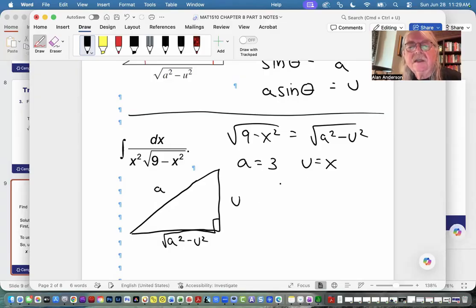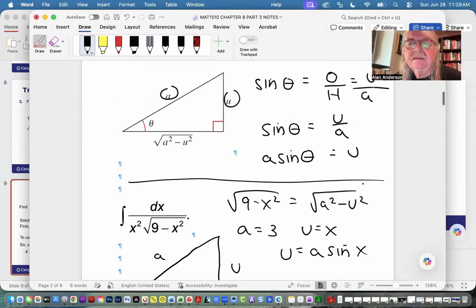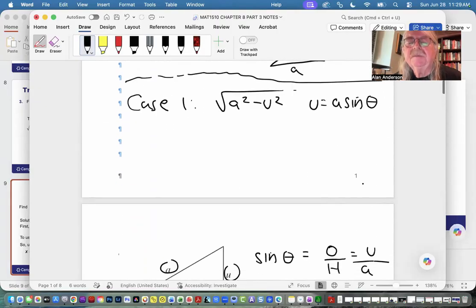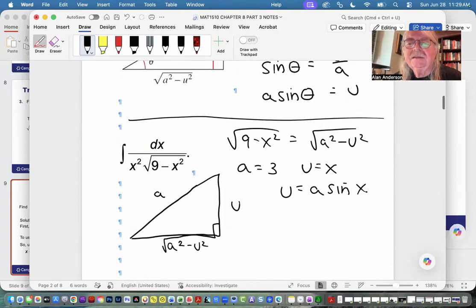And remember, they did tell us that u should be replaced with a sine theta. Because, by the way, we are actually converting this integral into a function of theta first, and then we're going to replace all the thetas or bring them back to x's when we're done.